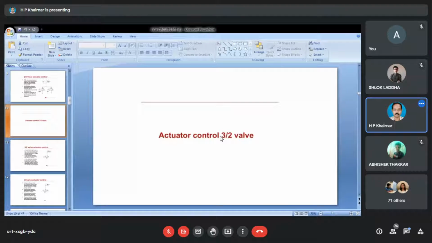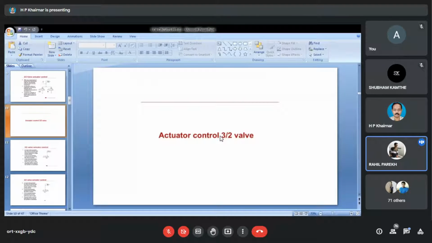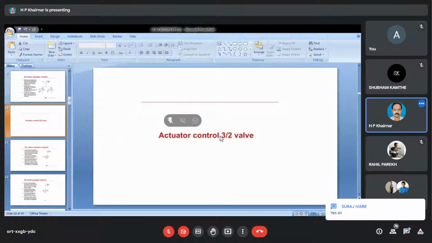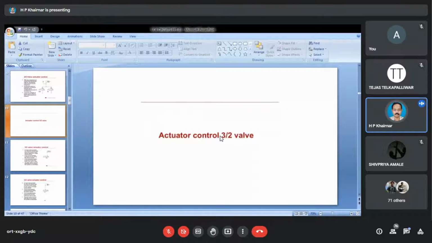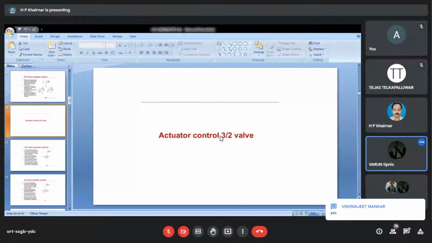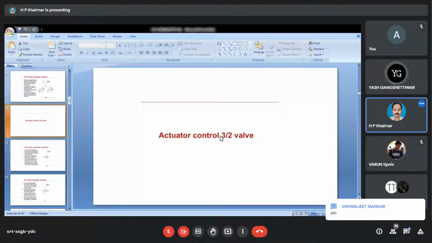Shrikant, Shruti, Shubham, Shubhangi. Sir, I am Rahil Parekh. I was on mute, I was not able to switch on my microphone. Okay, okay. Srushti, Suraj, Tanmay, Tejas, Varun, Vedant, Vishwajit, Yash Gaikwad, Yash Gankar, you are there.